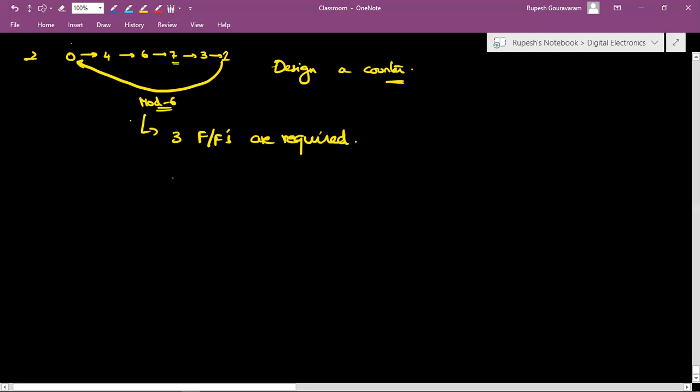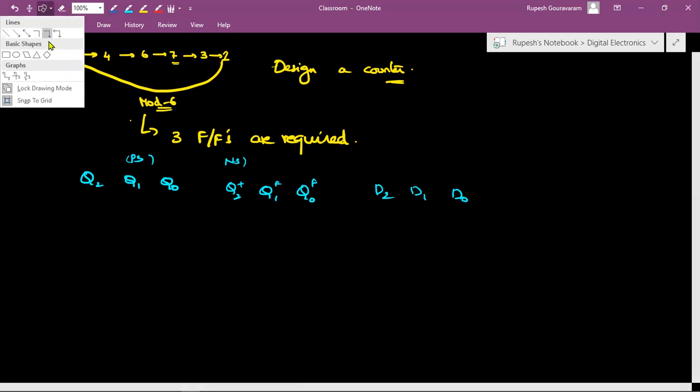So I will have the states Q2, Q1, Q0. This is the present states. Then next states there will be Q2 plus, Q1 plus, and Q0 plus. And based on that, we have to design D2, D1, D0. This we have seen in the last session how to design that.